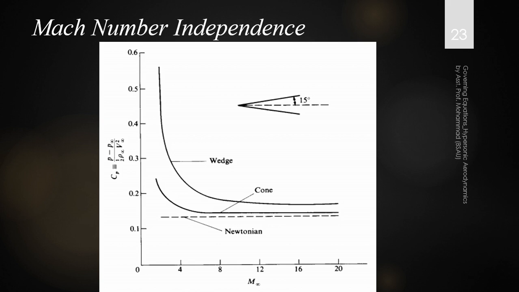We have seen already, and this graph also shows, that it is not just an observed phenomenon. This actually happens, and this can be proved mathematically also, which you have seen already.